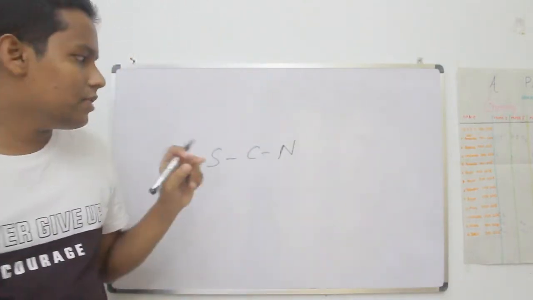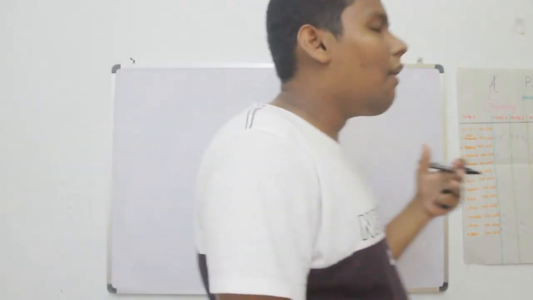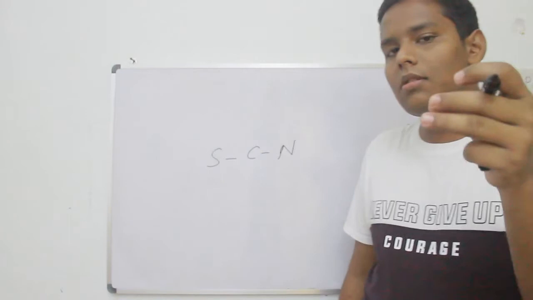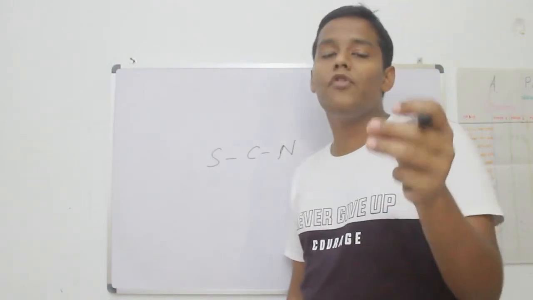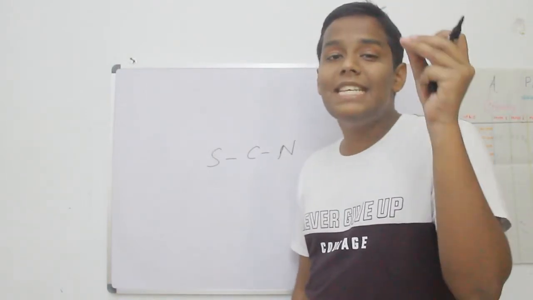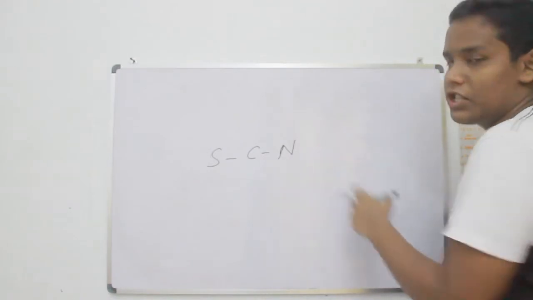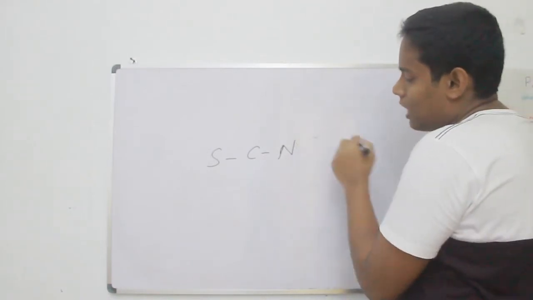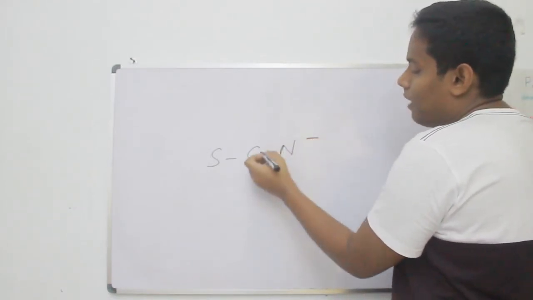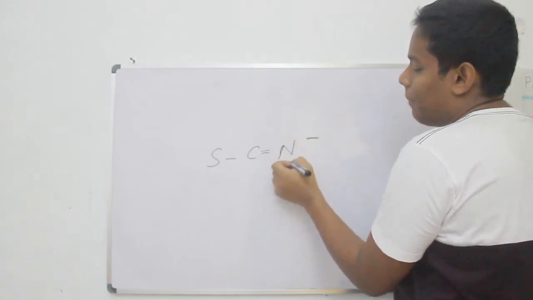It's obviously nitrogen. So in our most acceptable Lewis structure, we have to try to avoid the negative charge on this nitrogen atom. If I give negative charge to this nitrogen, it should surely carry a double bond.